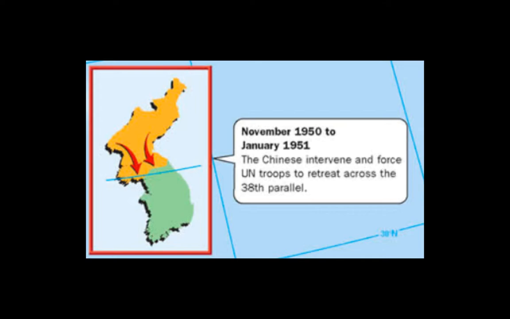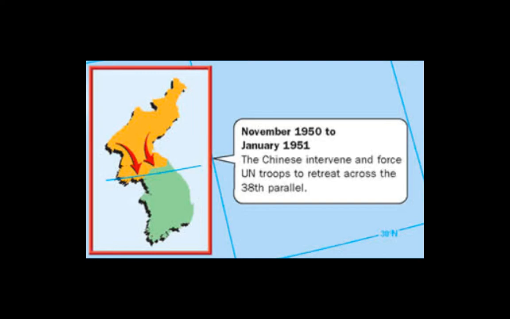And so North Korea gains a bunch of land and then loses it, and then South Korea gains a bunch of land and then loses it, and then we return back to exactly where we started, which is a little frustrating. I find this war a little bit frustrating, thinking about the people who died and how the outcome was exactly where we started. 38th parallel.